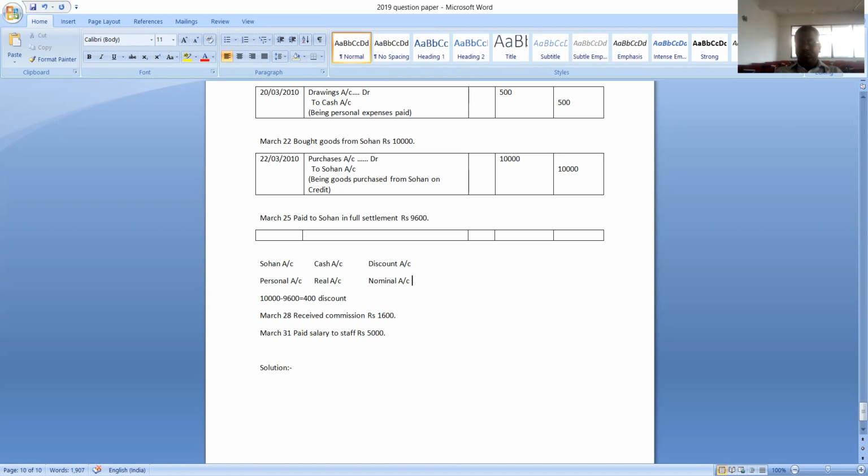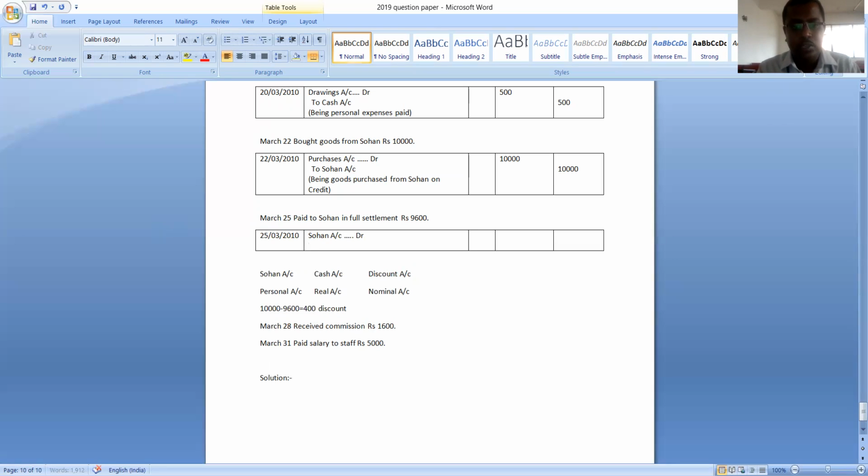Sohan's account is a personal account. What is the rule of personal account? Debit the receiver. Paid to Sohan means Sohan is the receiver, so Sohan's account should be debited. Then the next one is cash account.